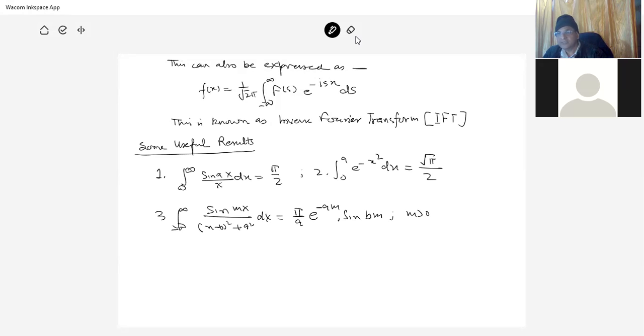So these are the important useful integrals that are used while solving the equations.